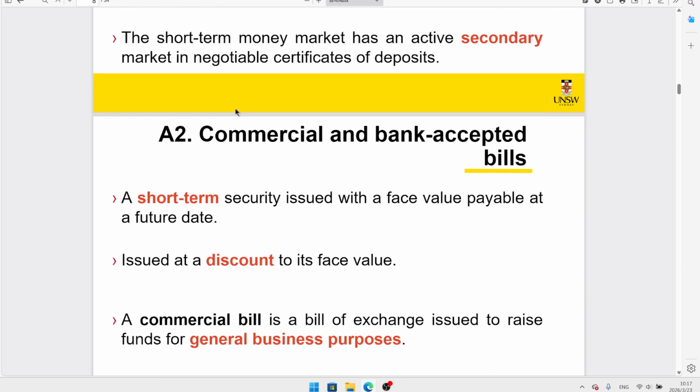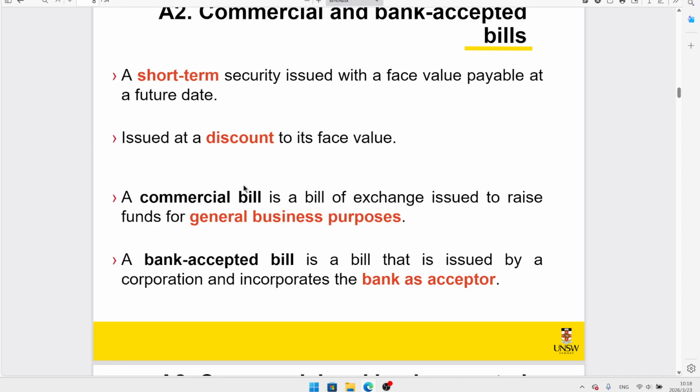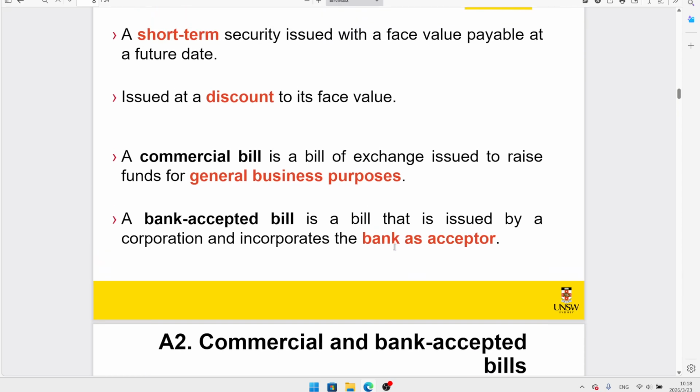The second one is the commercial and bank accepted bill. It is a security with a face value payable at a future date, issued at a discount. A commercial bill is a bill of exchange issued to raise funds for general business purposes. It's a bill that is issued by a corporate and incorporates banks as acceptors.